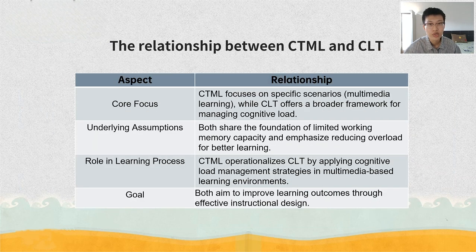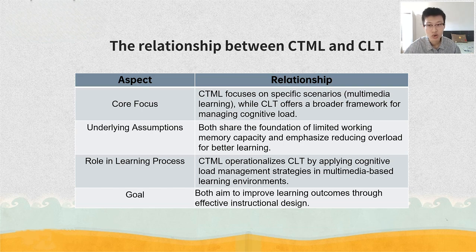And the relationship between CTML and CLT. The first is core focus. CTML focuses on specific scenarios, while CLT offers a broader framework for managing cognitive load and underlying assumptions. Both share the foundation of limited working memory capacity and emphasize reducing overload for better learning.